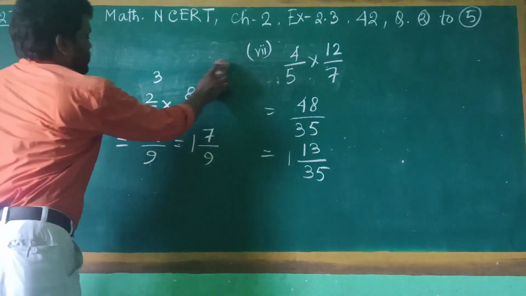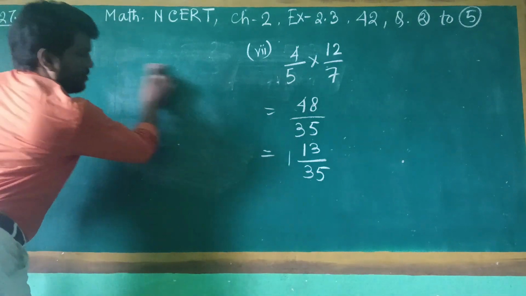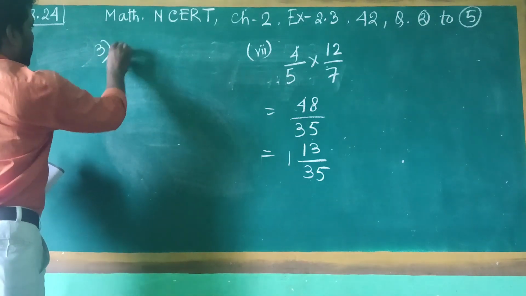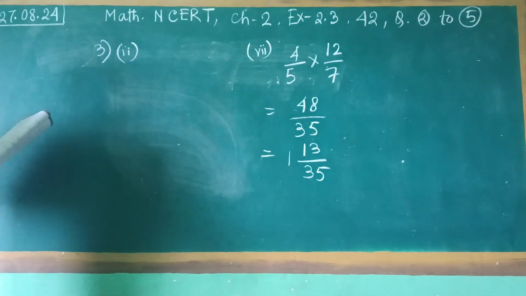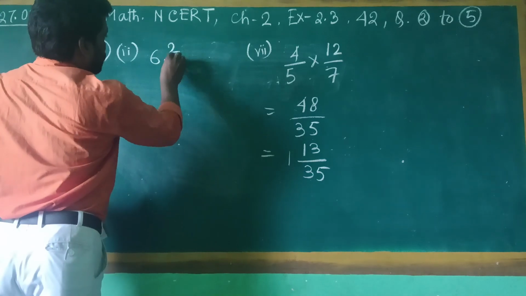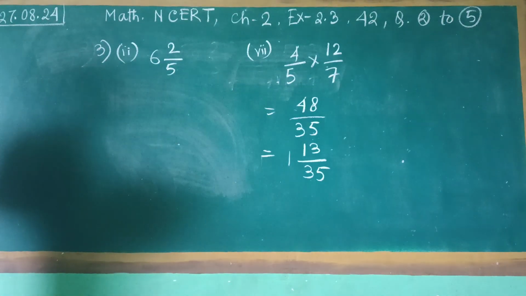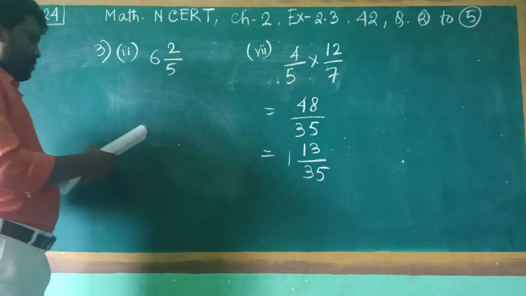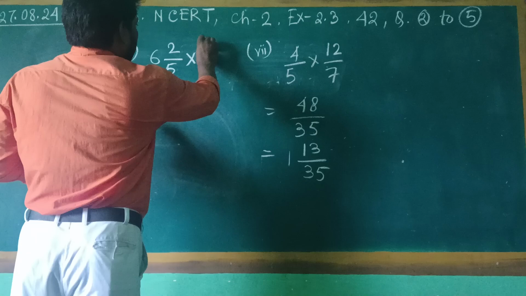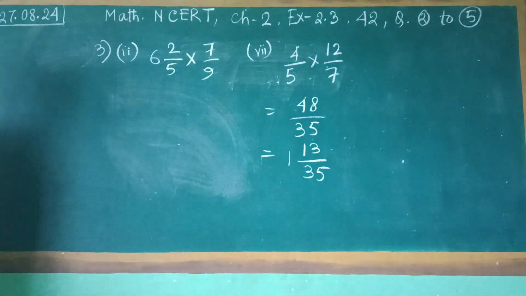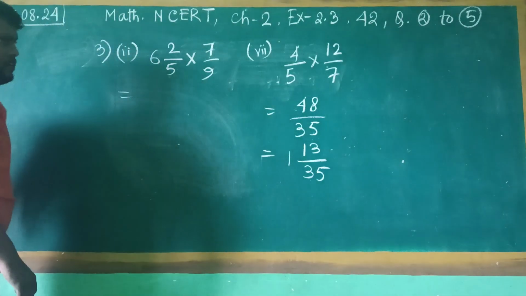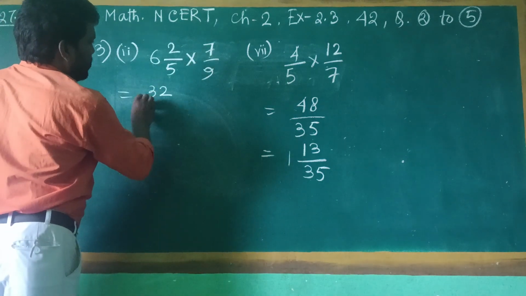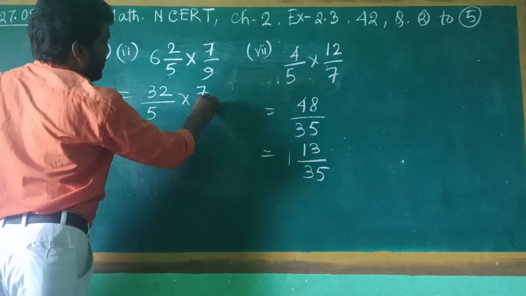Next, go to question number 3, Roman 2. 6 and 2/5. 6 is the whole number, 2/5 means 2 parts out of 5 equal divisions. 6 and 2/5 multiplied by 7 divided by 9. So at first convert the mixed fraction into an improper fraction. 6 fives are 30 plus 2, 32 divided by 5 into 7 divided by 9.